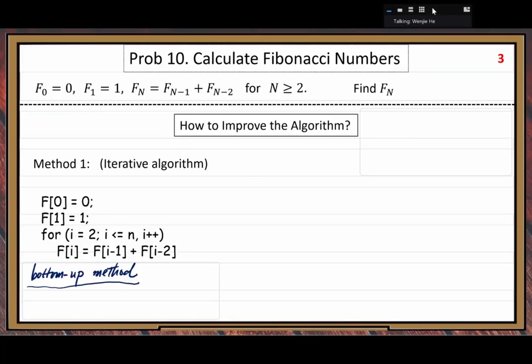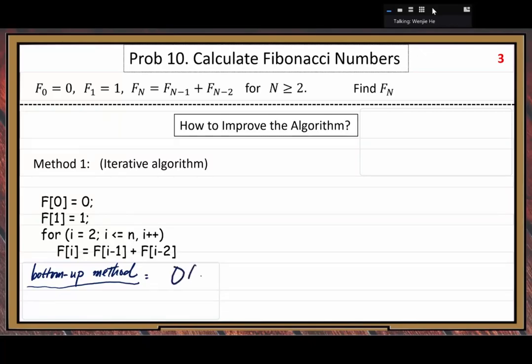How fast is it? We have learned asymptotic notation, right? If I ask you to use asymptotic notation to tell me how fast it is, can you apply it? If we use big O notation, big O of what?